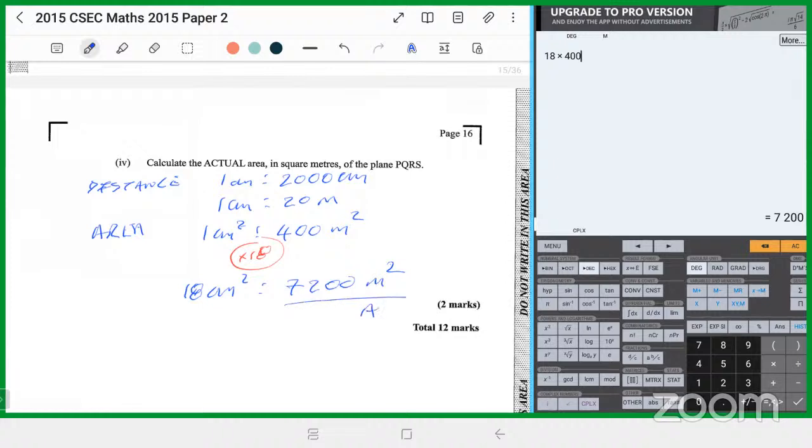That is the answer. That's 18 centimeters squared on the map, 7,200 meters squared on the land. That is it.